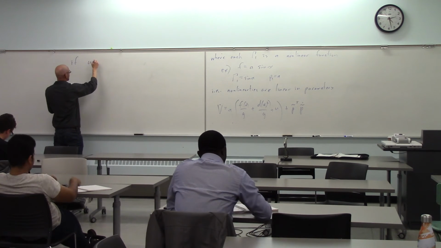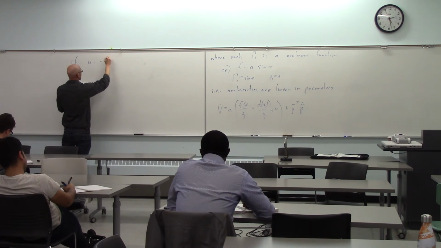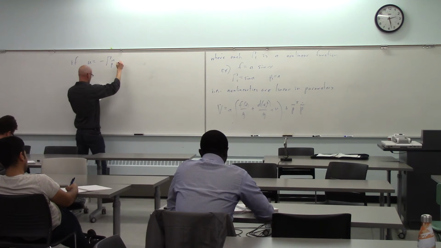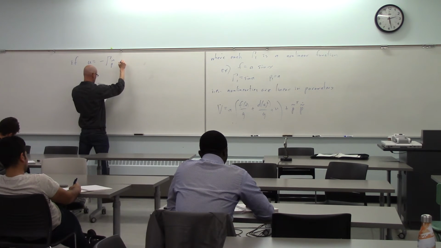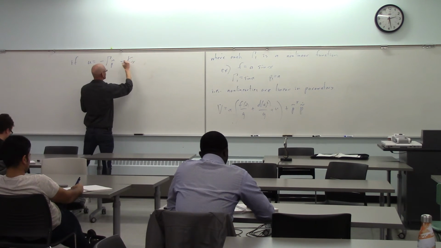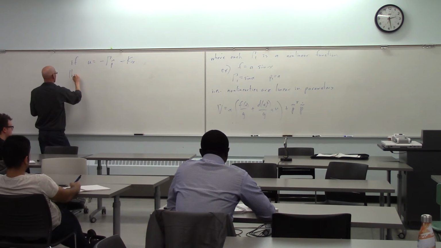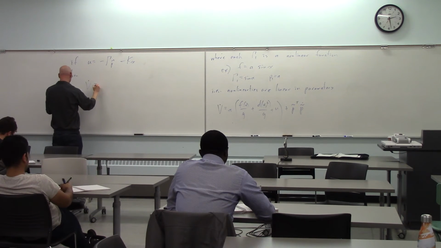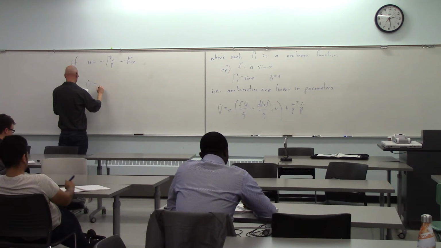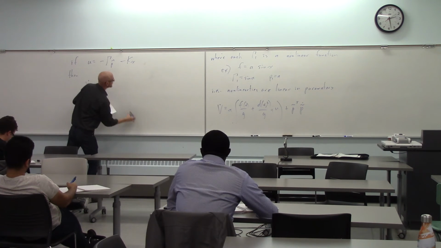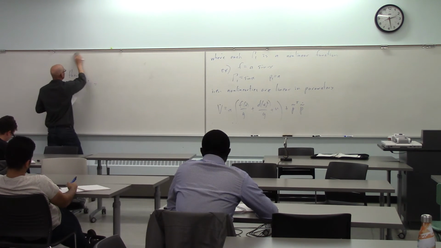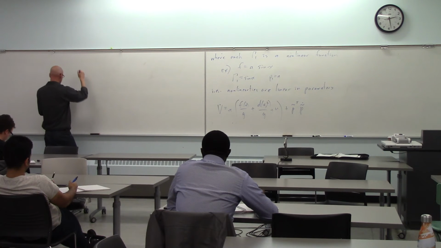So if we choose u equal to minus gamma p hat minus kx, then we get V dot equal to... sorry, I should write one more line here to make it a little more clear.